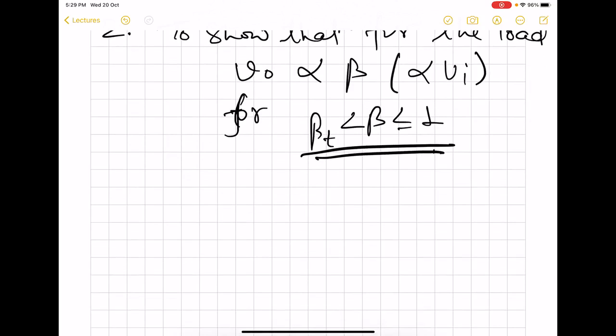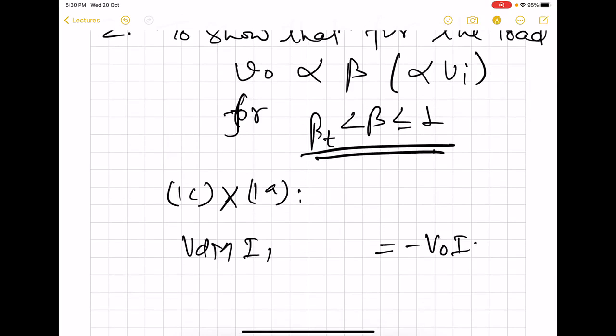Now we start with equations 1C and 1A. Actually we multiply these two equations. So we get VDM I1 equal to minus VO IL. This is the equation 1C. Now we multiply it with 1A, or rather 1B in fact, Z0 square.